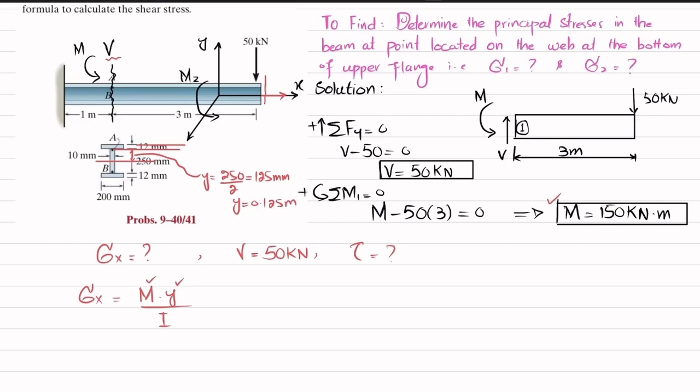Now we have y as well. I can be obtained by I, the second moment of inertia, and for this I beam, if we take this whole box as 200 wide, the total length is 250 plus 12 plus 12, which is equal to 274. So this is 274 millimeter, while width is 200 millimeter.